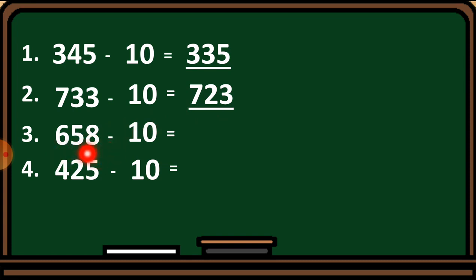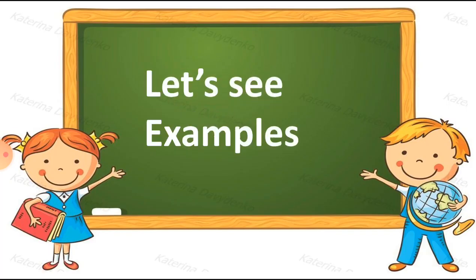If you cut 10 from this 658, you get the answer 648. Example number 4, 425. You have to cut 10 from 425. So you get the answer 415.